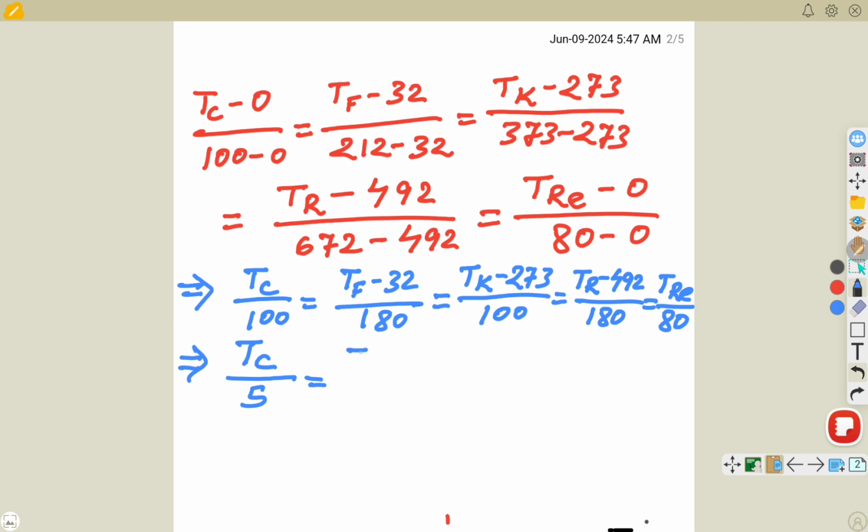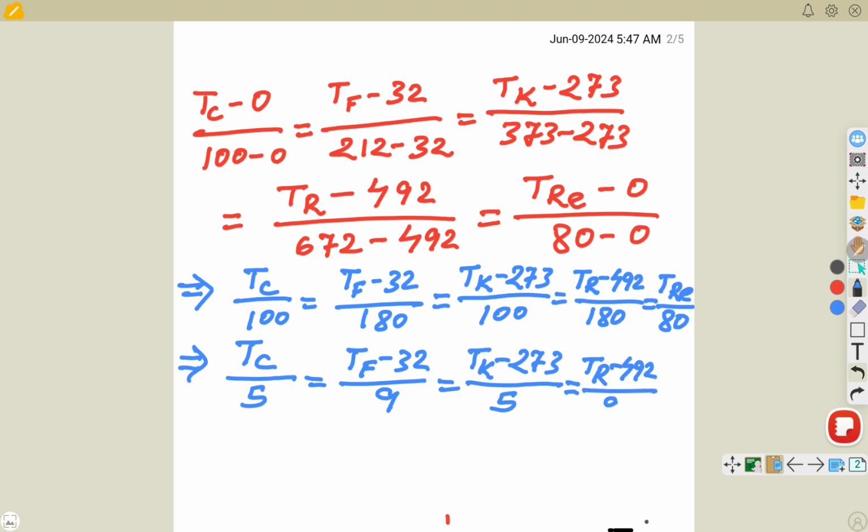TC upon 5 is equal to (TF minus 32) upon 9, (TK minus 273) upon 5, (TR minus 492) upon 9 and TRE upon 4.